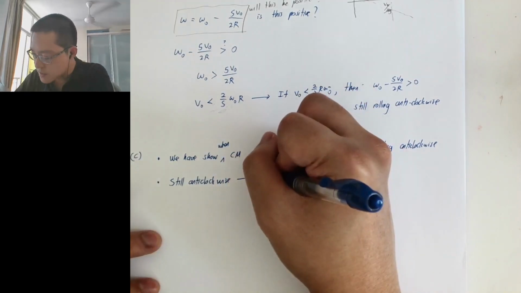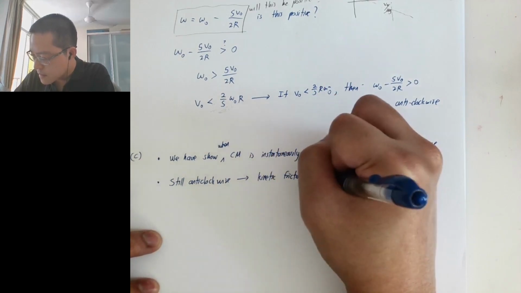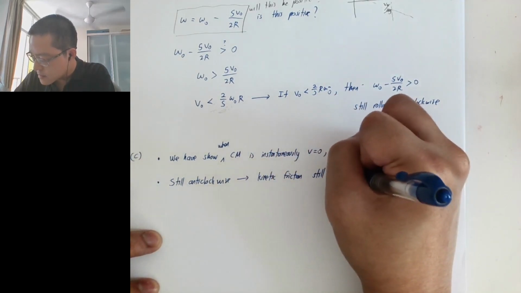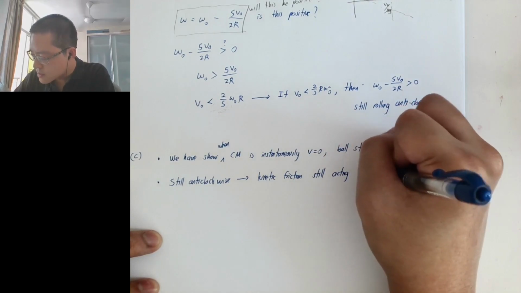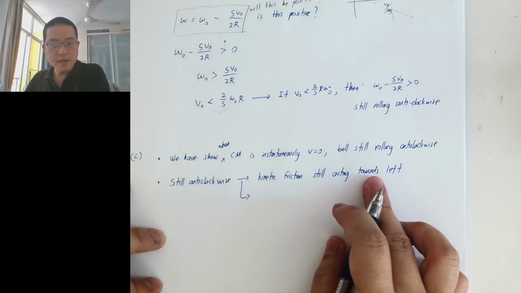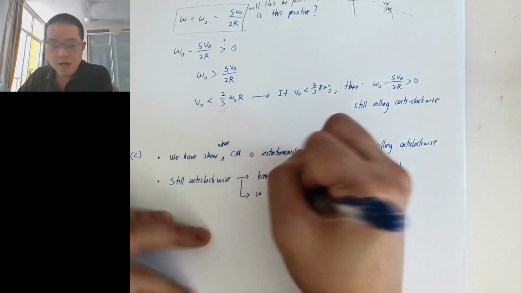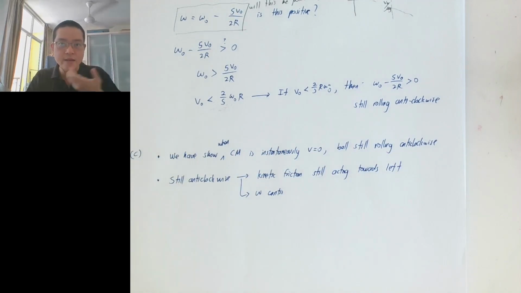So kinetic friction is still acting towards the left. What is this causing? Omega continues to decrease because of the kinetic friction. It is a clockwise torque, so it will decrease the omega.